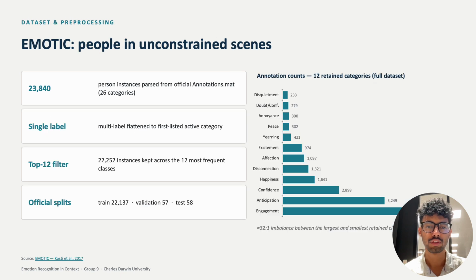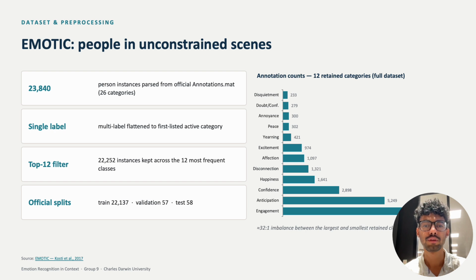If we go to the next slide, we use the EMOTIC dataset, which contains people in natural scenes. The original dataset has 26 emotion categories and is multi-label. For the project, we simplified it into a single-label classification task, and after pre-processing we kept the 12 most frequent categories, giving 22,252 usable instances.